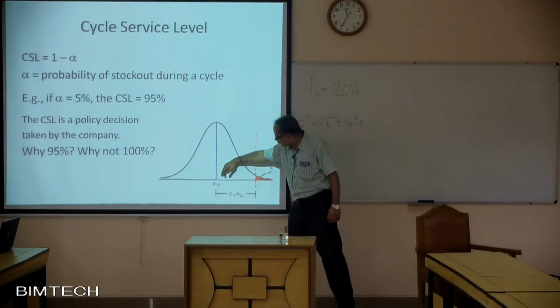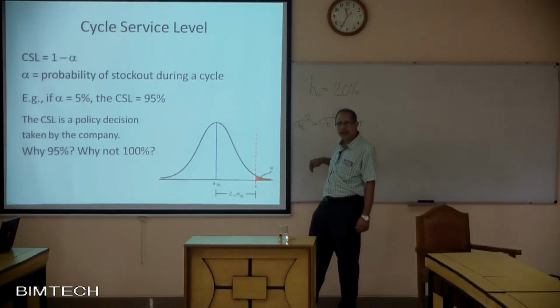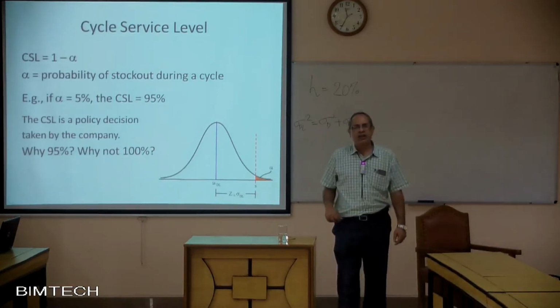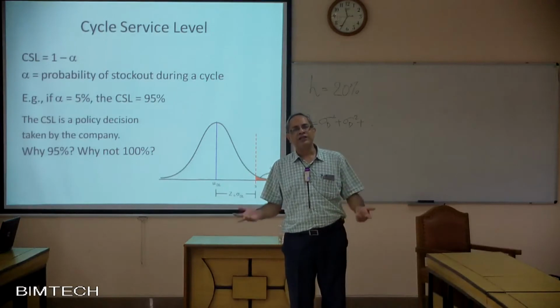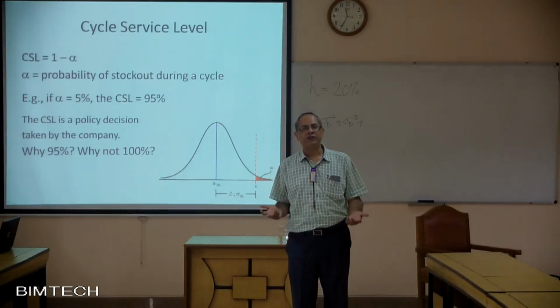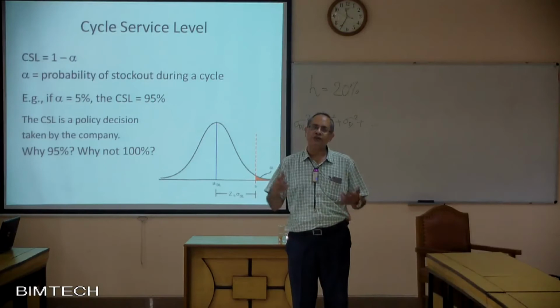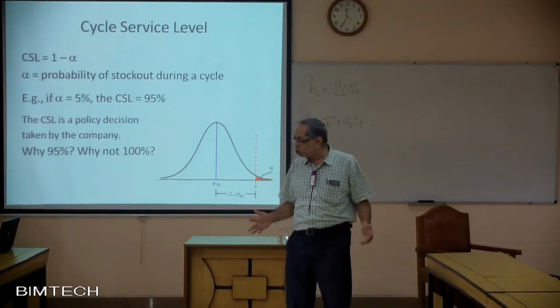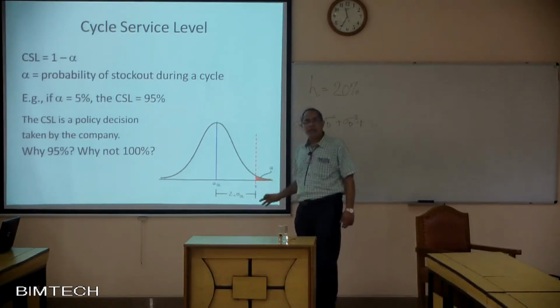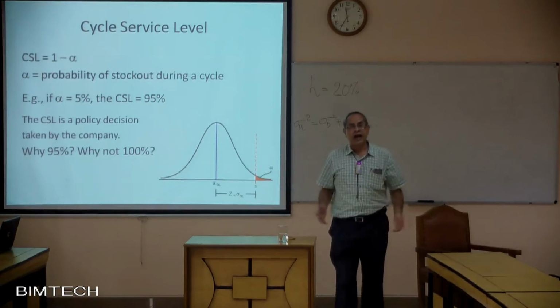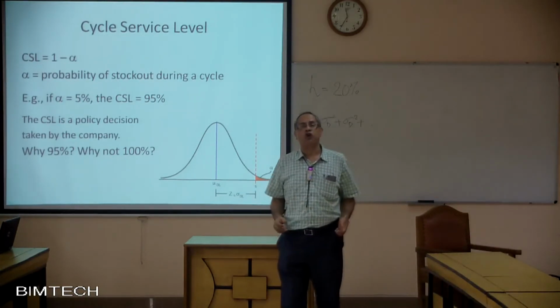Now, the more I increase my CSL, what happens to my Z alpha? My Z alpha also increases. The more I increase my Z alpha, what happens to my safety stock? My safety stock is Z alpha times sigma DL. So obviously my safety stock keeps on increasing. So the more I increase my CSL, my inventory level goes up, and therefore my inventory carrying cost goes up.